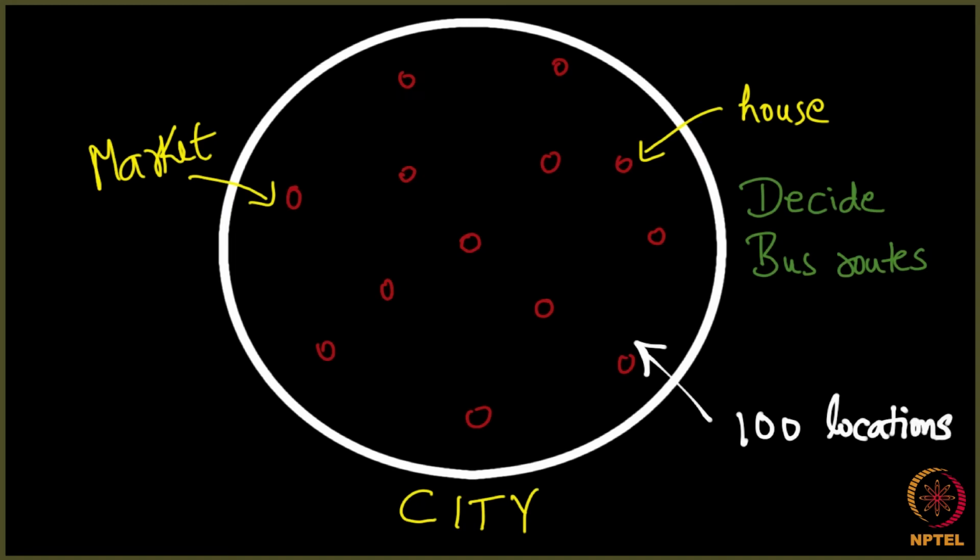So, whatever points you are seeing here, assume there are 100 such points and you cannot simply put buses from any point to every other point. That's not feasible. That's not practical. So, what you do is this. Assume this is the city. All you do is, there is a central bus stand.